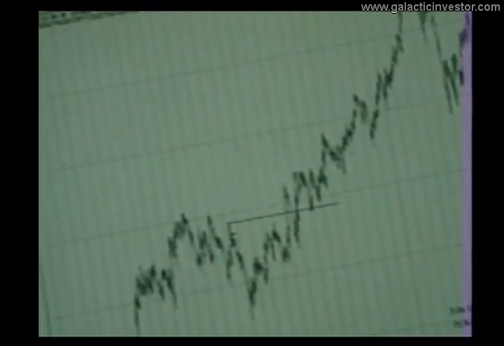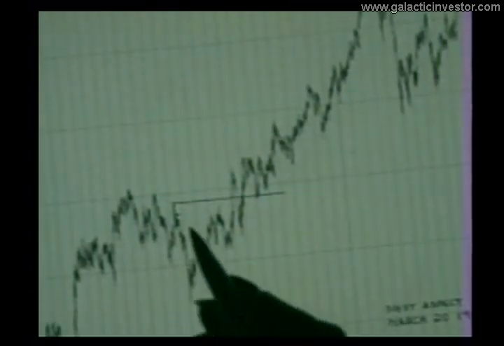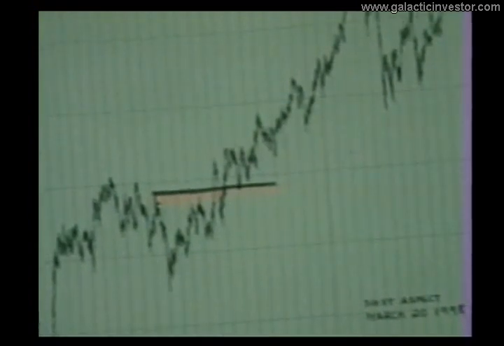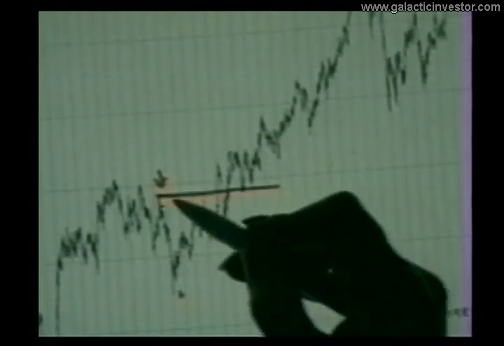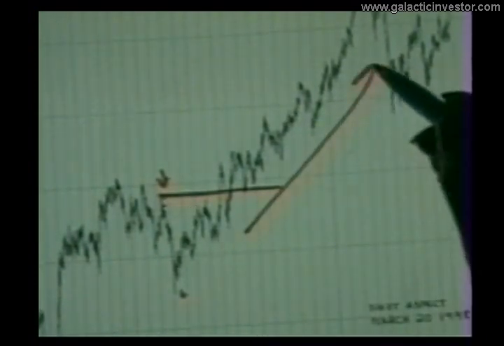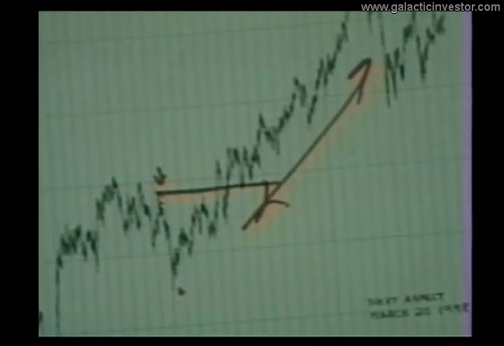Because, you know, before in the early 60s, the Dow was very piddly, nothing happening. We didn't move very much. Here's another one. Here was the aspect, moved down significantly, took out this high, and had a significant move up.